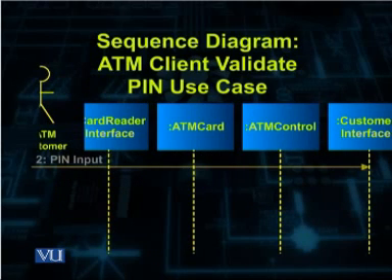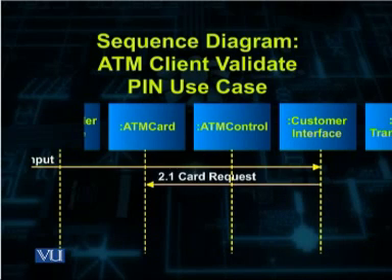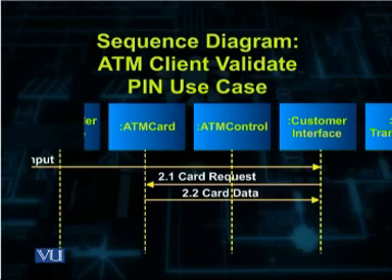ATM customer provides a PIN input, and then that is sent to the customer interface object. The customer interface object then sends a card request to ATM card, which responds with a message titled card data.